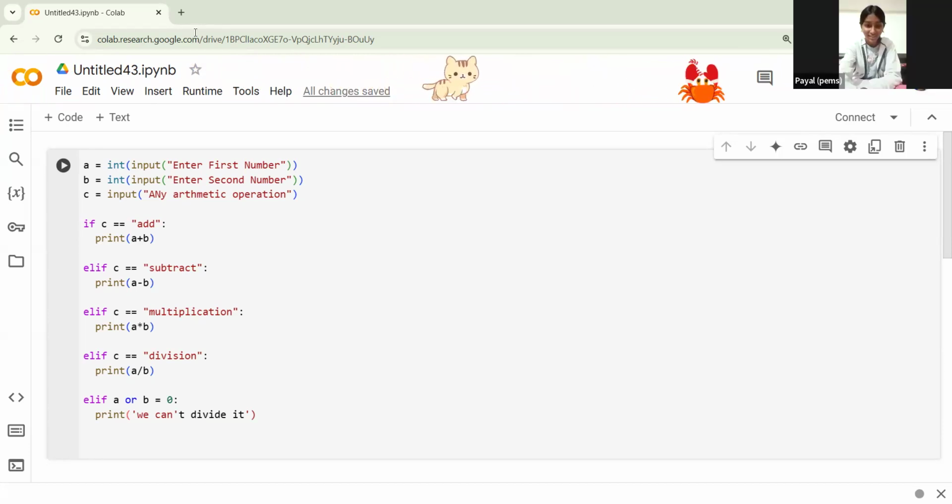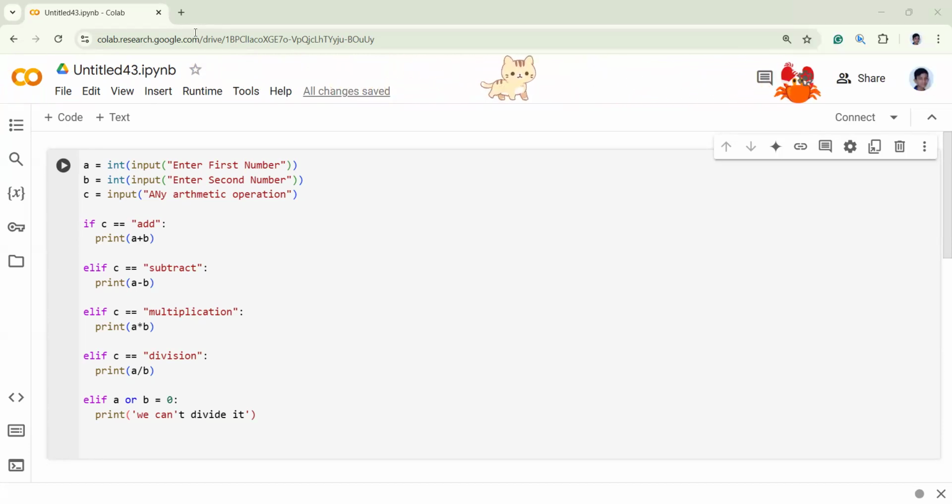In simple terms, what example do we give? A is equal to input, enter your first number.